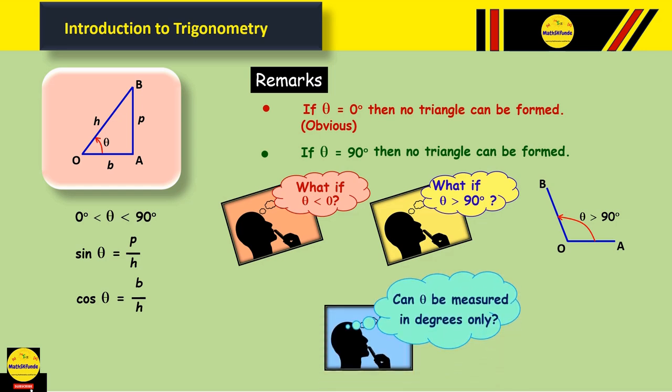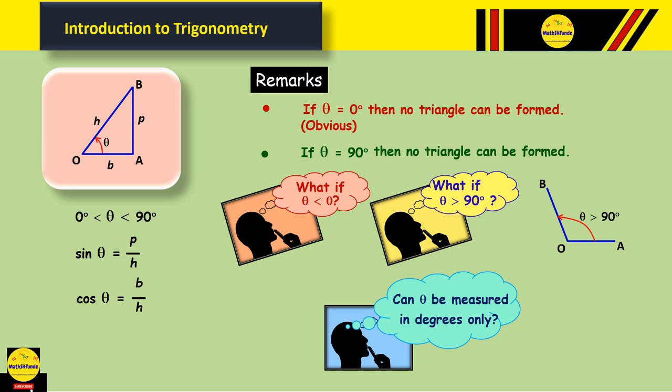Also, you had measured theta in degrees only in your previous classes. So if length can be measured in meters or feet, like our systems in science, what you have learned, like FPS system, MKS system, that means there can be different systems to measure quantities.